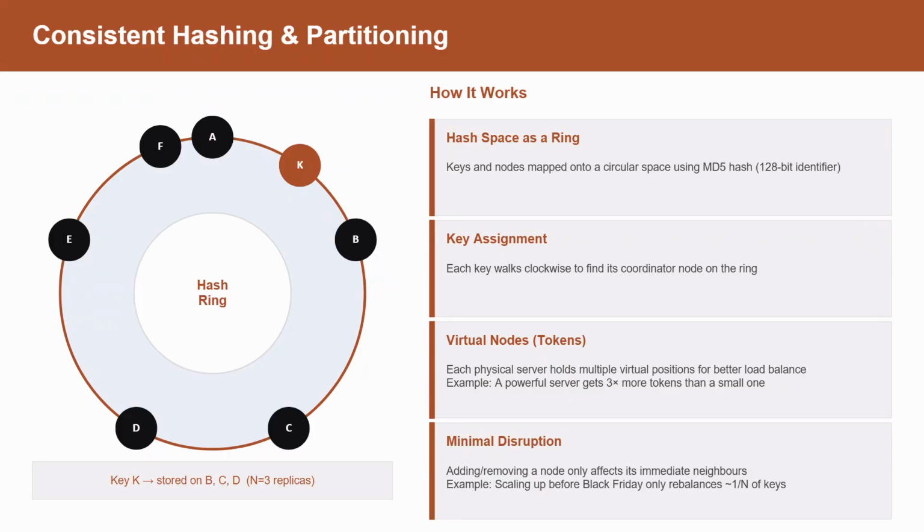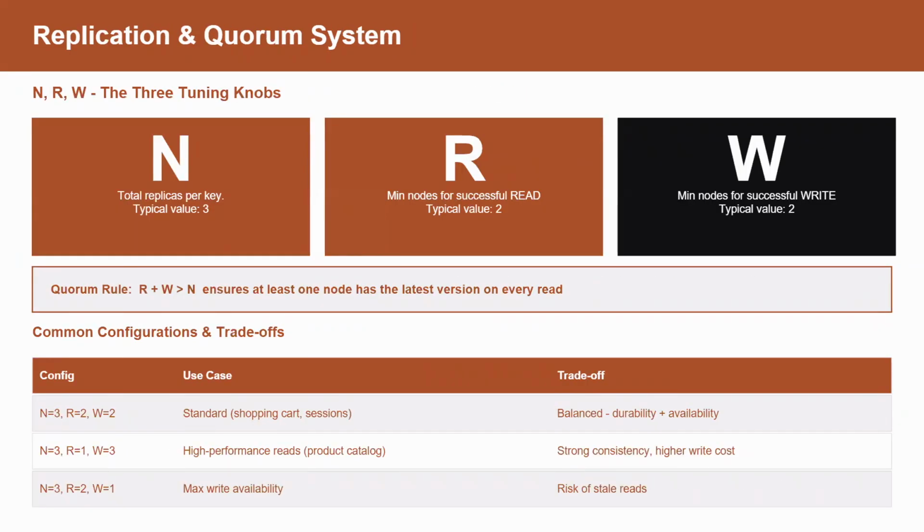Now, next, let's look at how Dynamo keeps the data highly available using the replication and quorum system. Dynamo uses three important values: N, R, and W. You can think of these as three control settings.